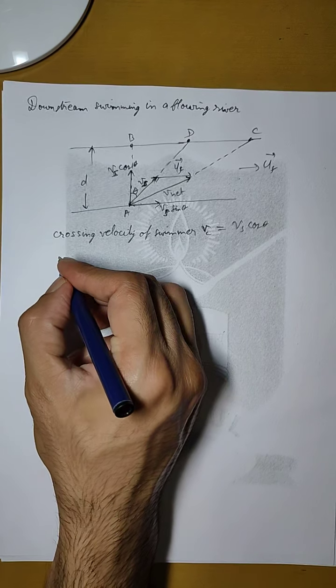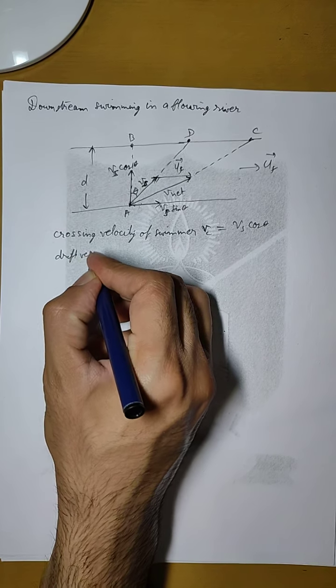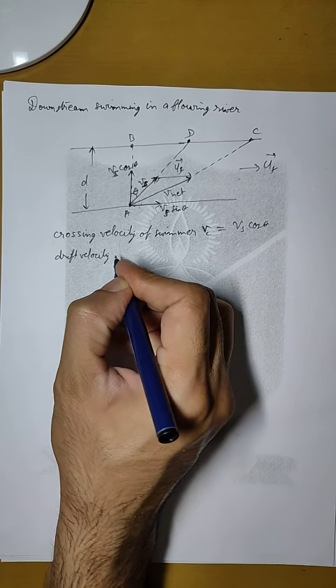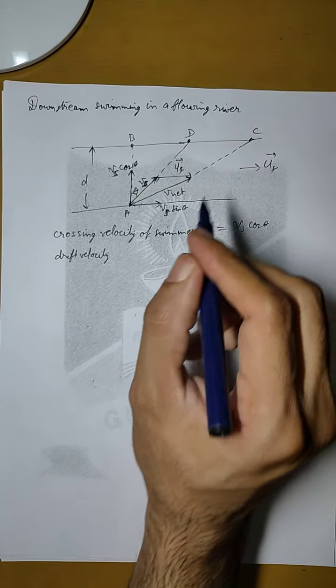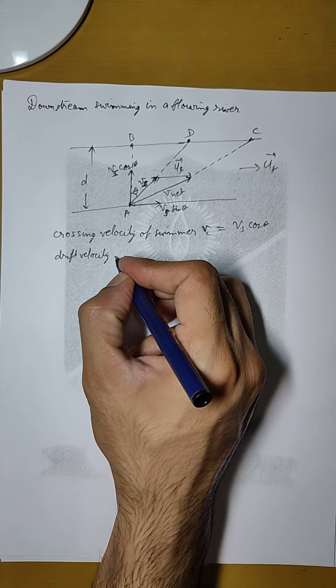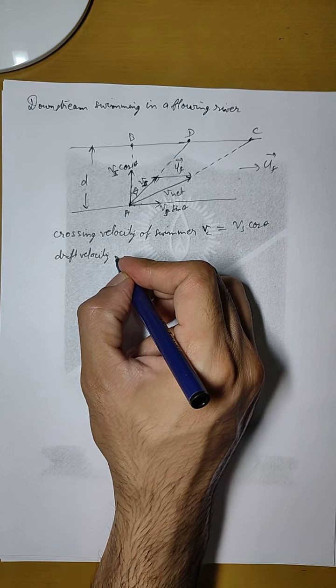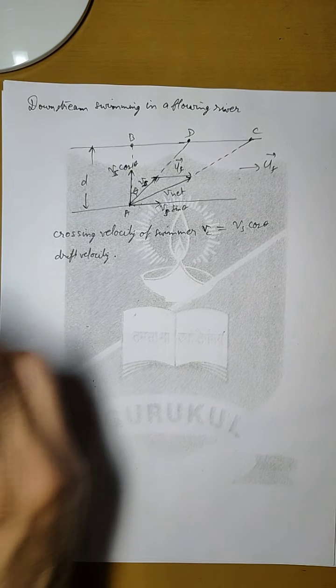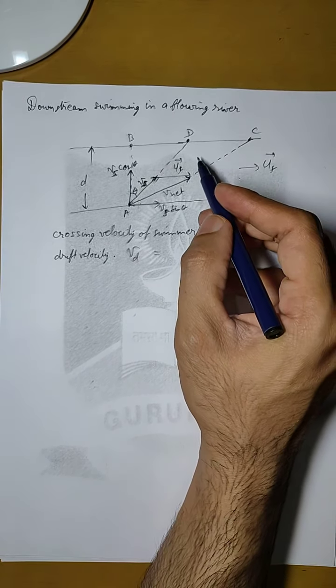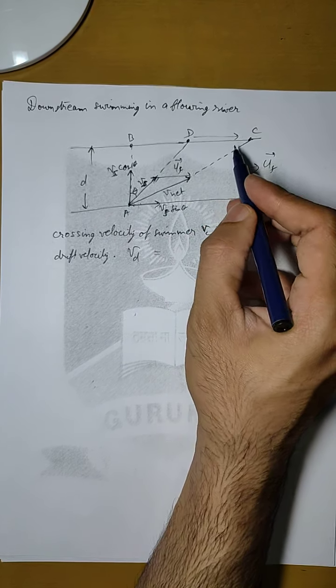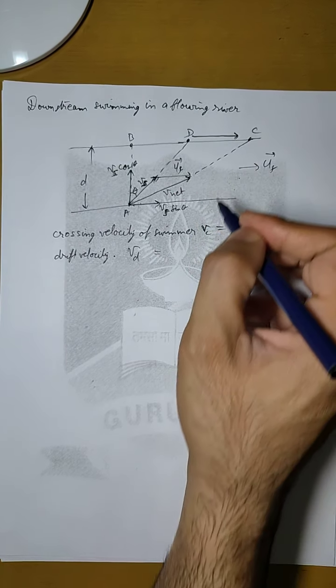Now the drift velocity, which is making the swimmer drift in this direction from D to C. Let us say Vd. Now we are going in this direction, the drift is in this direction.